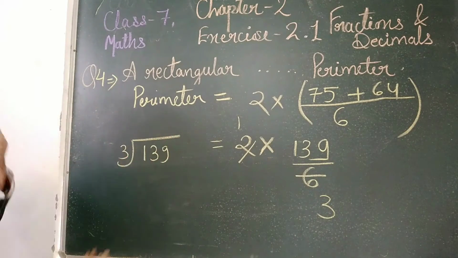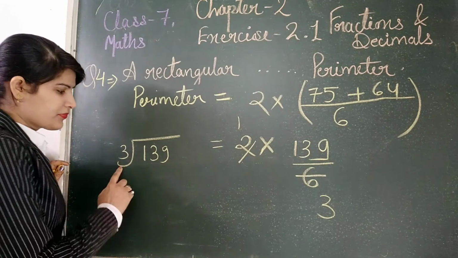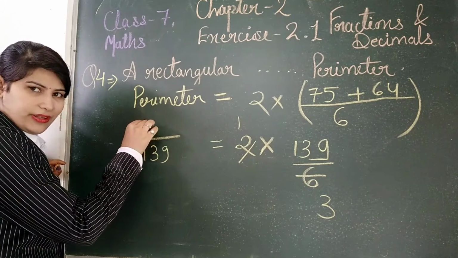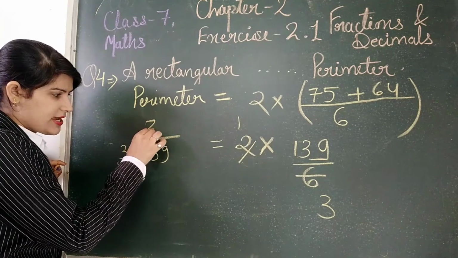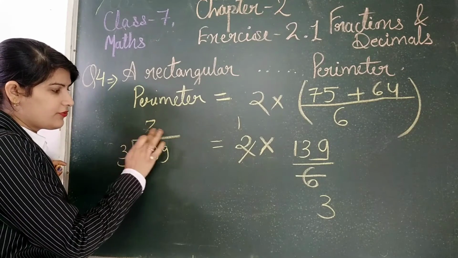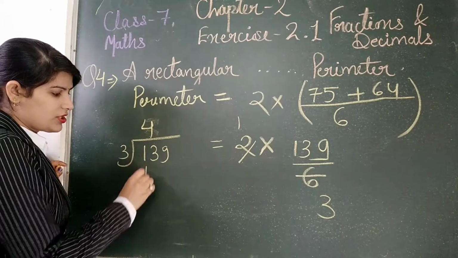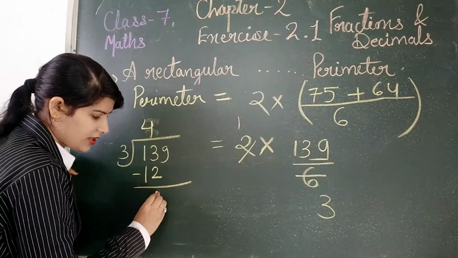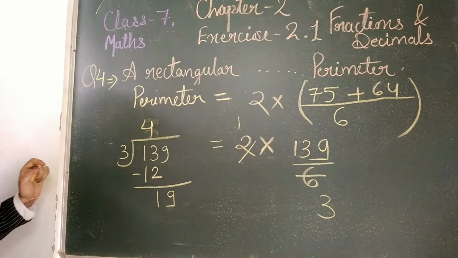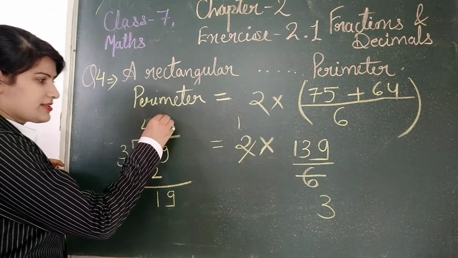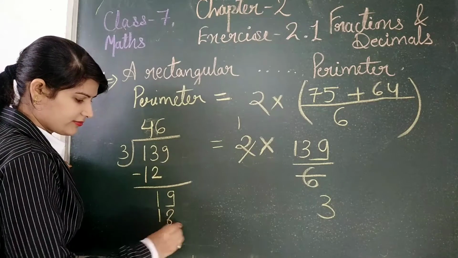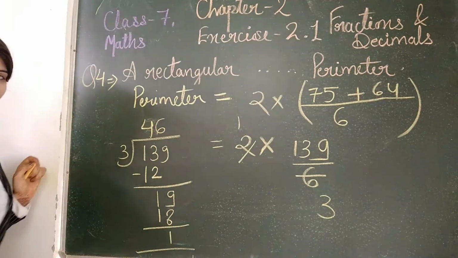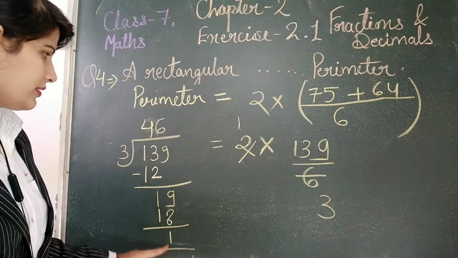Okay, this is improper fraction. You can convert easily. 3 1s are 3, 3 2s are 6, and 3 3s are 9, 3 4s are 12. So 3 4s are 12, like this. Here is 19. Now again 3 6s are 18. Now remainder is 1, 46.